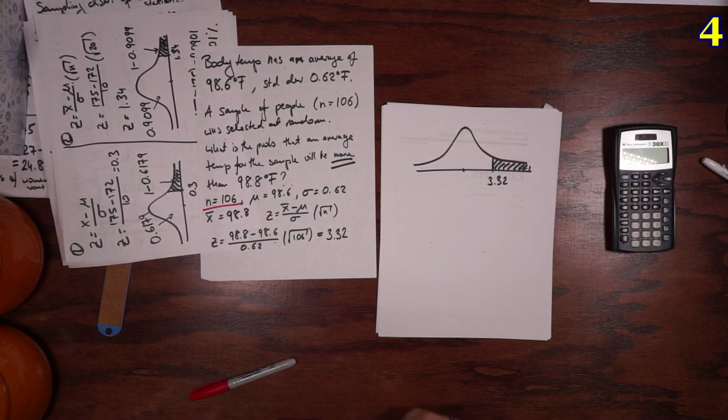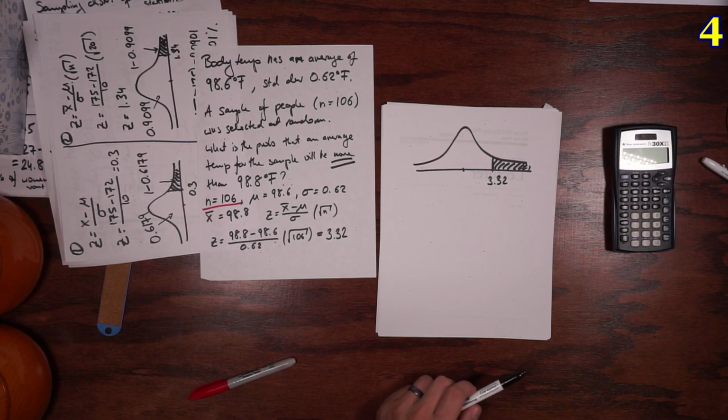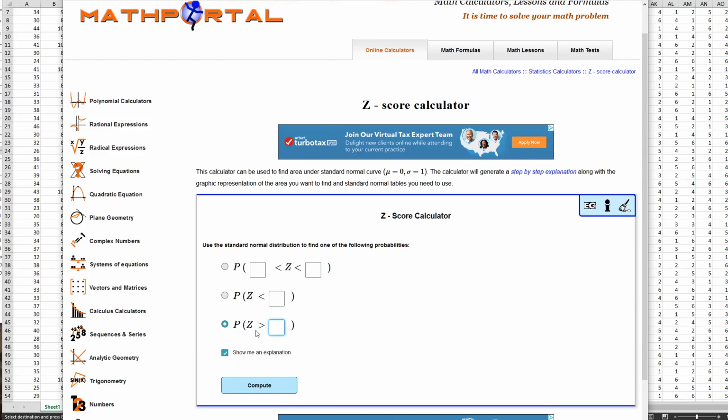Okay, so let's take a look. So, boom. We're looking for the probability of a z-score being bigger than 3.32.